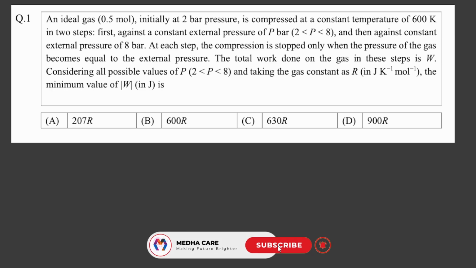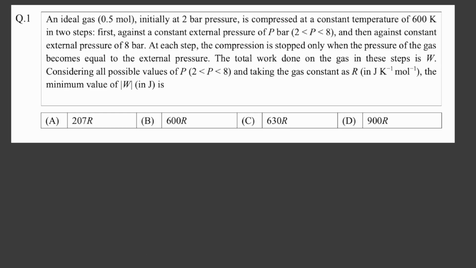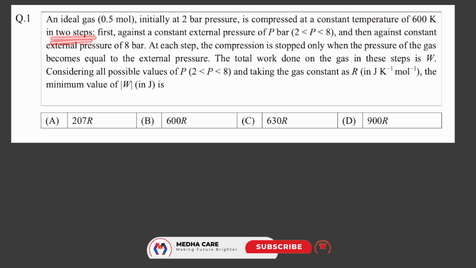So in this video we'll discuss the question from JEE Advanced 2026. In this question, we have 0.5 mole of an ideal gas, initially at 2 bar pressure, and it is compressed at a constant temperature of 600 Kelvin in 2 steps. That means this is not a reversible process.